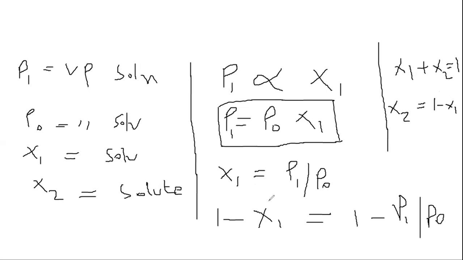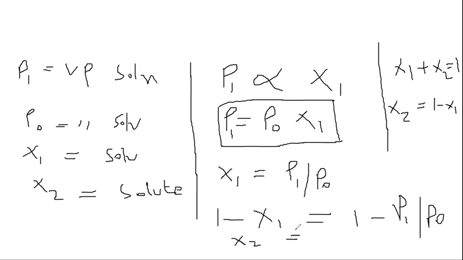Actually, why I have subtracted is because I want to replace the mole fraction of the solvent with the mole fraction of the solute. So 1 minus X1 is equal to X2, as explained above.